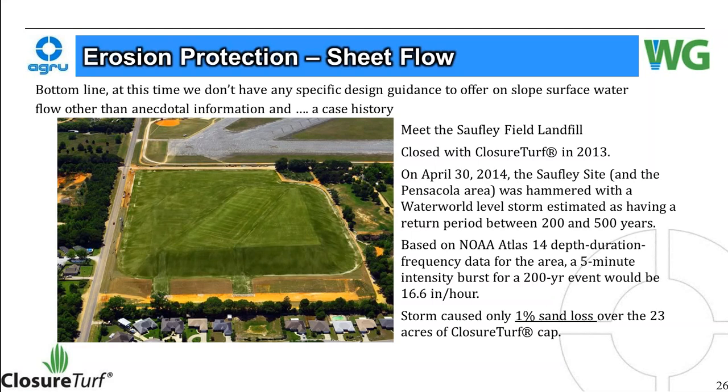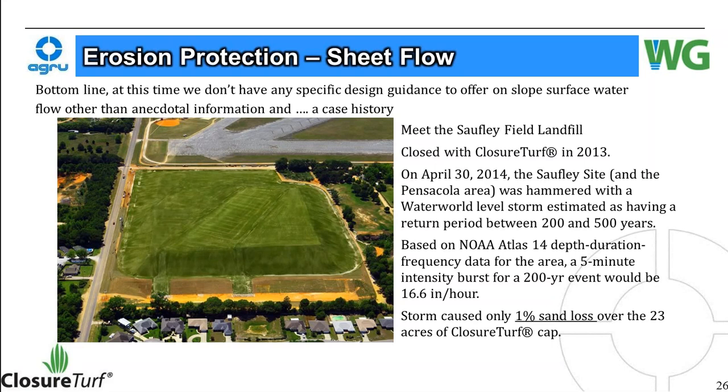There was basically a 1% sand loss over the entire 23 acres of ClosureTurf cap at this site along these side slopes here, toe of the slopes where there was some sand boiling, and especially along this slope here where some of this overland flow went over the edge and down the side slope here. But again, only a 1% loss due to a storm of this magnitude.